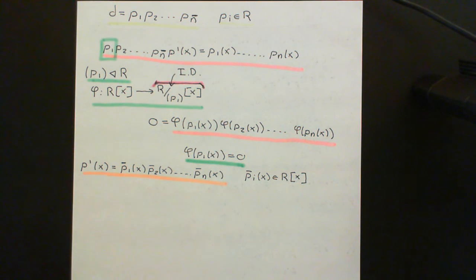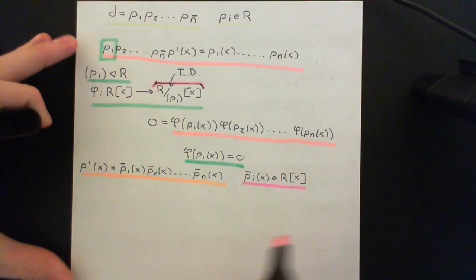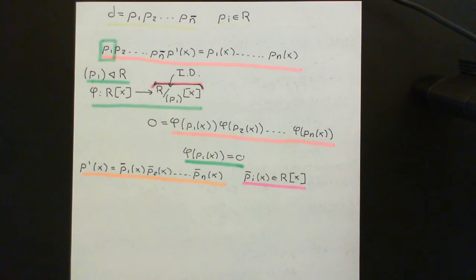So what I have successfully done is written my polynomial P prime of x as a product of these polynomials that are in my unique factorization domain R adjoin x. So the question now is, are these polynomials that I'm left with here, P1 bar of x, P2 bar of x, all the way up to Pn bar of x, irreducible?